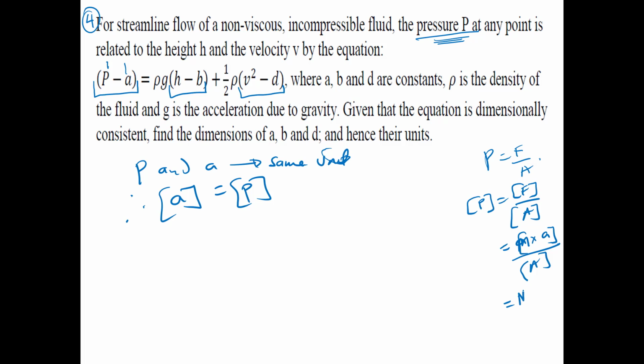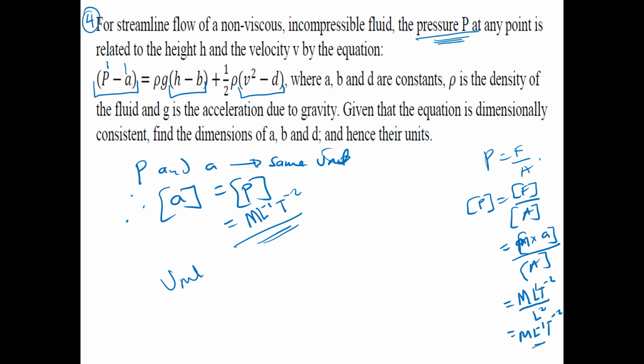So mass is capital M, acceleration is L, T power negative 2, meters per second squared, remember. Then over area, it is L squared. This is the same as M, we have a 1 here. When this one goes up to be 1 minus 2, you get L power negative 1, then T power negative 2. So we'll simply bring that one here and say that this is the same as capital M, L power negative 1, T power negative 2. And that is the dimension of A.